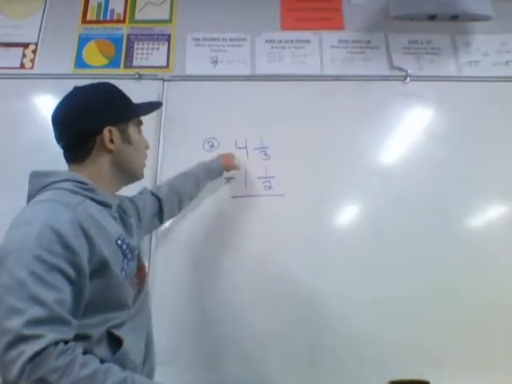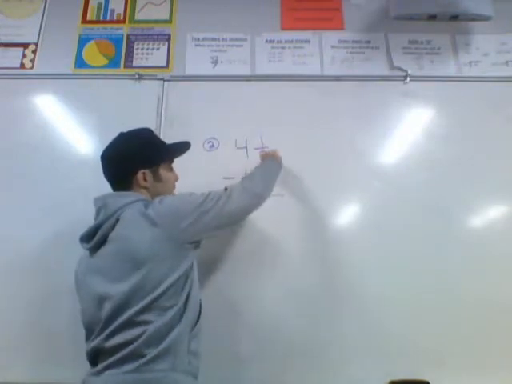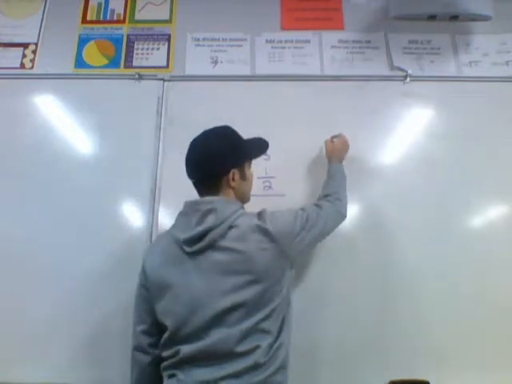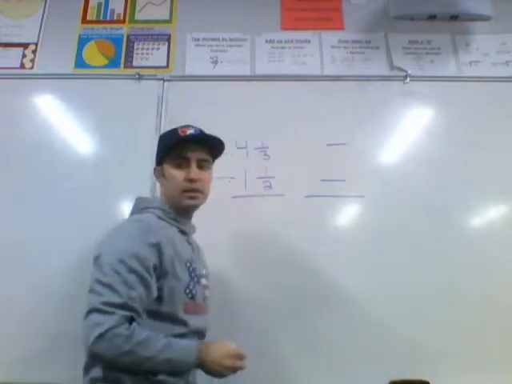Alright, here's another problem. 4 1/3 minus 1 1/2. The first thing you have to realize is you can't do anything because you don't have a common denominator. So I'm going to rewrite the problem over here. Fraction bar, whole line.